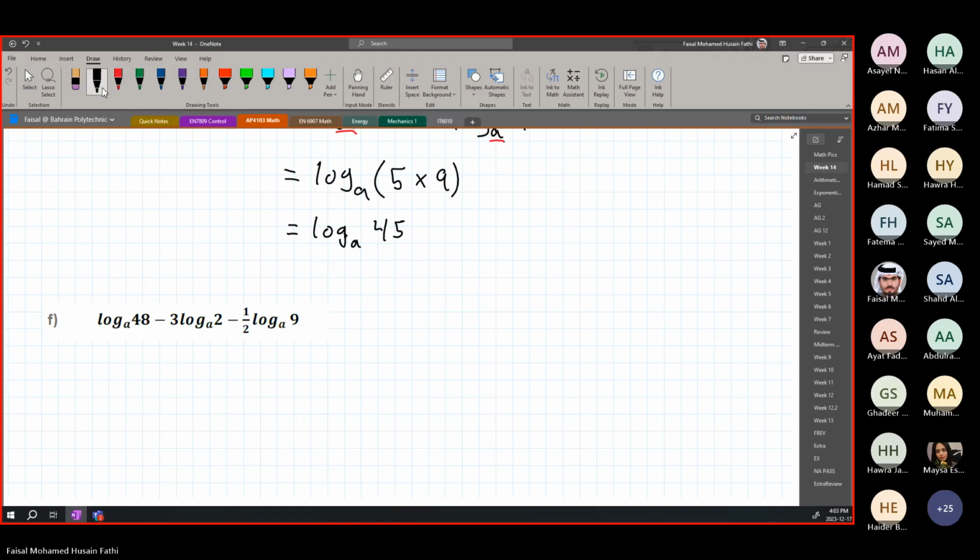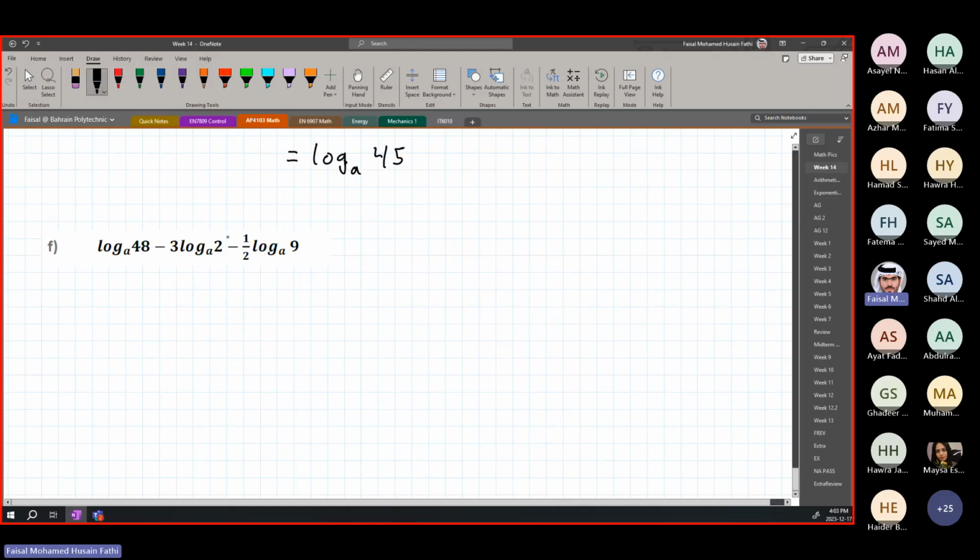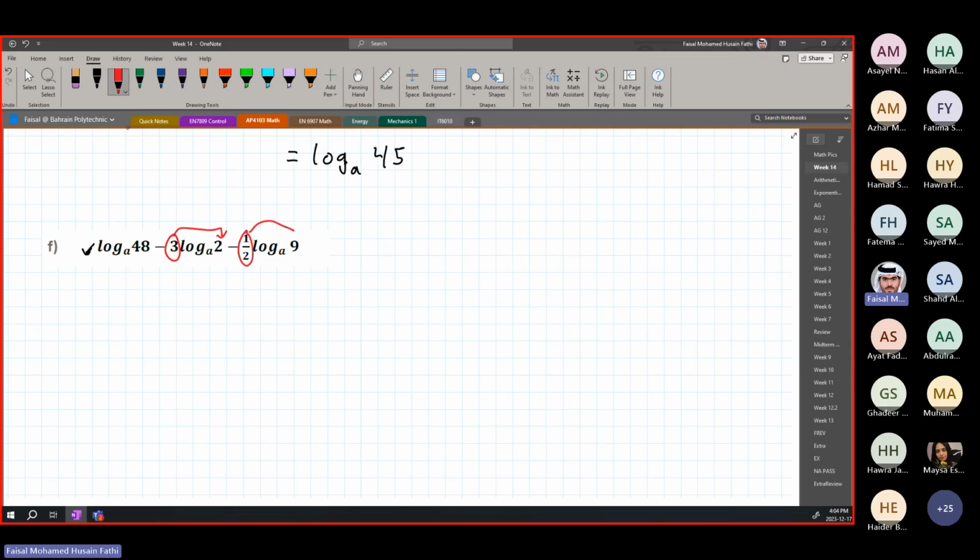Last one. You have multiple things. The first step is always make sure there's no coefficient. This one is okay. This one is fine. But this one, we have a 3 out here. This 3, we will take it and make it a power. This one, we have a half. We'll take it and make it a power.